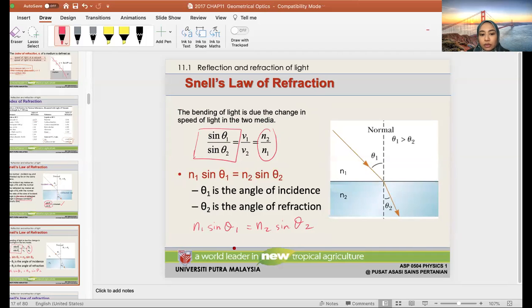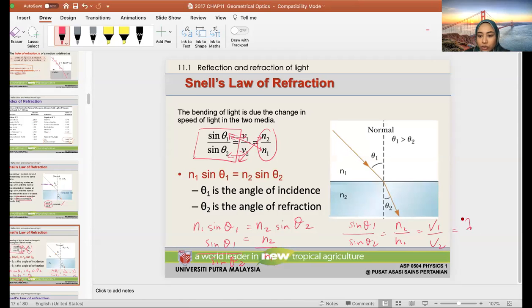If I rearrange this, I will get n2 over n1 equals sine theta 1 over sine theta 2, which is why the sines and the n's are inverted. So here we have sine theta 1, sine theta 2, n2, n1, v1, v2, what else?